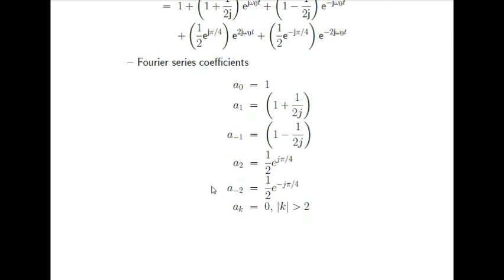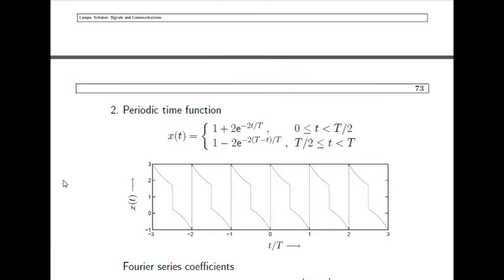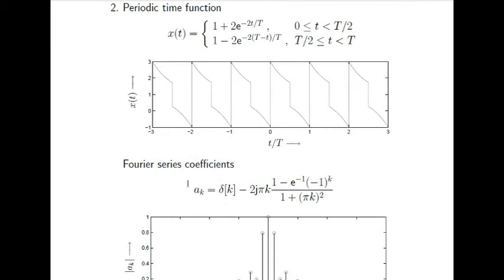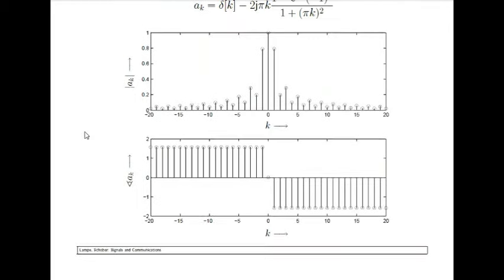This is another periodic function, and it is an exercise for you to calculate its Fourier series coefficients. You can calculate them with the formula which I told you earlier. With the help of Fourier series coefficients we can plot two spectral graphs.